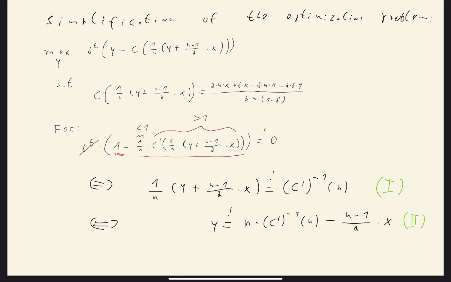Because now we know for each x how y should be looking in the optimum. And now we will plug the expressions in equations 1 and 2 into the constraint to get a solution for the transfer to all the legislators in the minimum winning coalition.